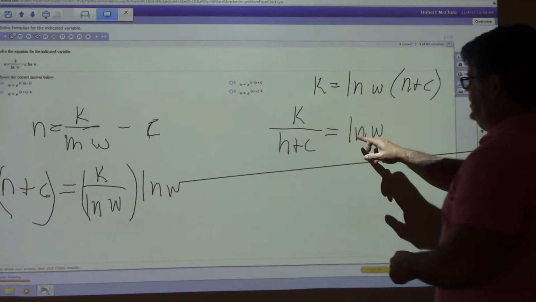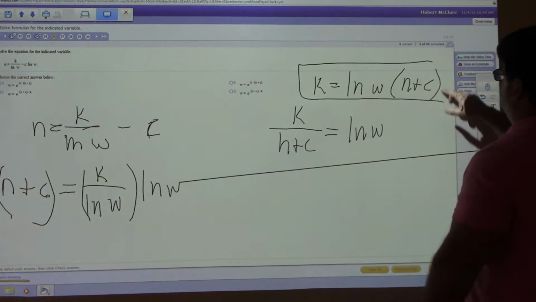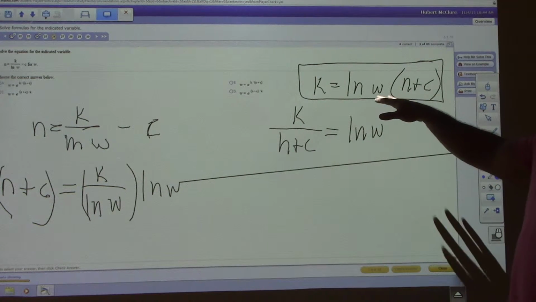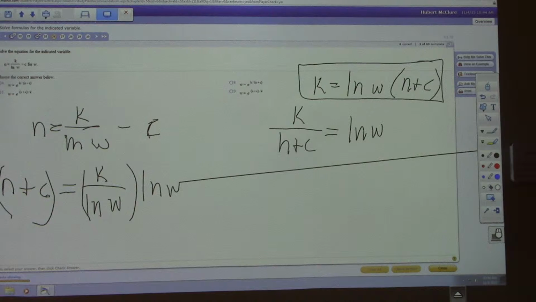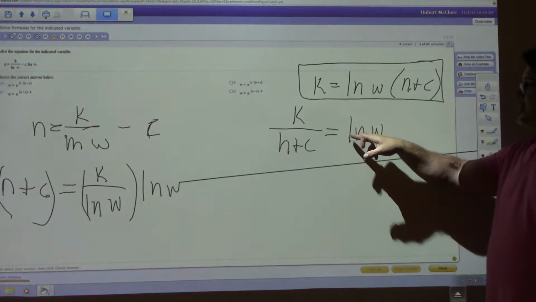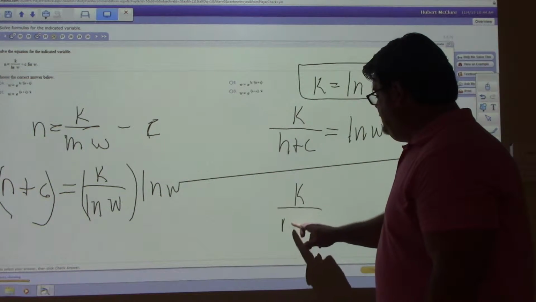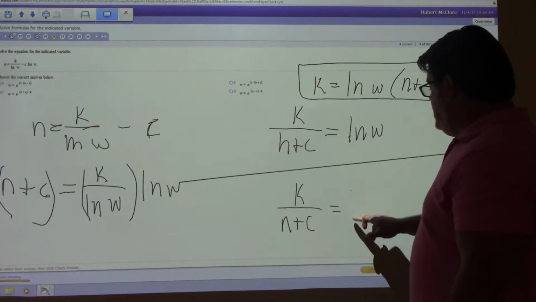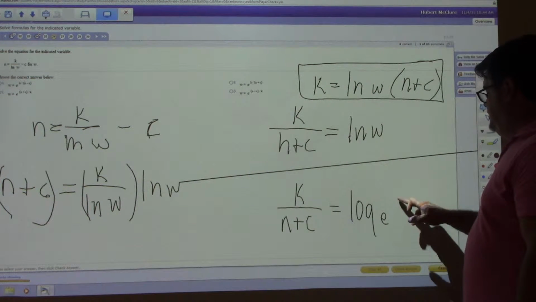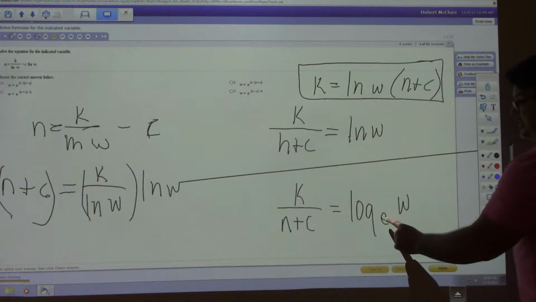Now change this to log base E of, see, we did up to here. But then we put that in the definition of a logarithm. That's why our variables came out correct. They weren't in the exponent because we went ahead and did the definition here. You should wait and do the definition here. So K over N plus C is equal to log base E of W. There you go.